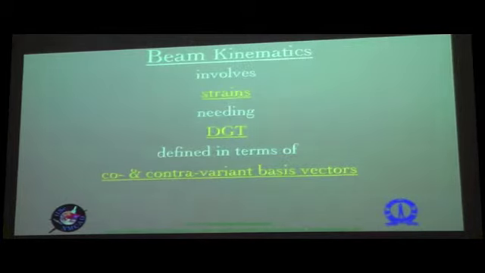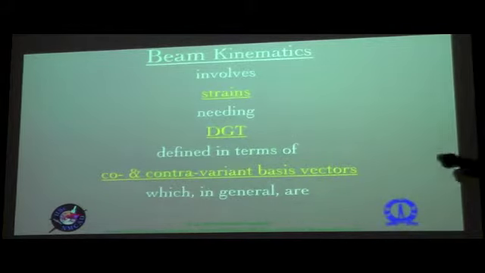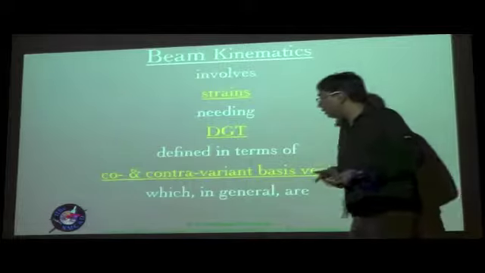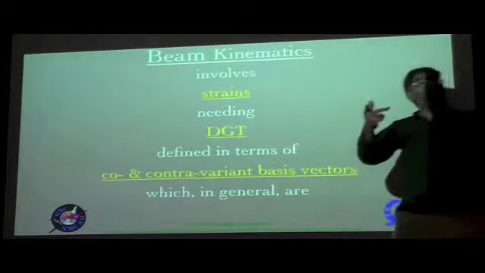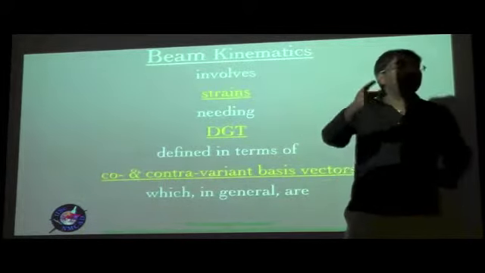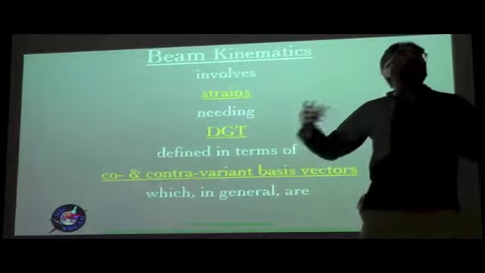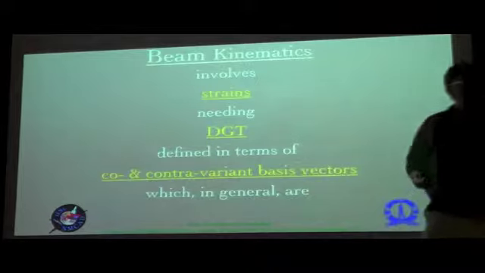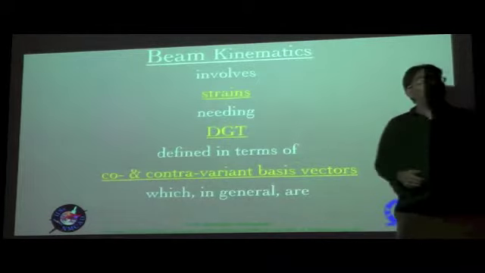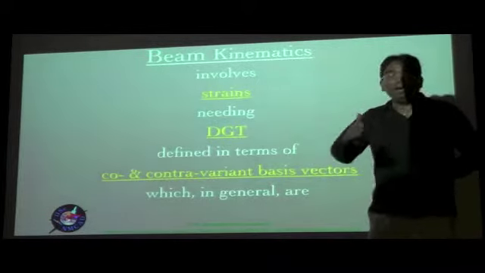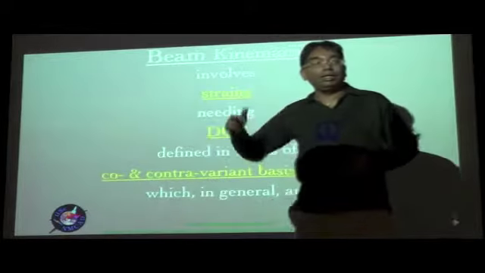And if we want to understand the covariant and contravariant basis vectors, in most situations, these are not the kind of systems or unit vectors that we have, like let's say the small b1, b2, b3 or big B1, B2, B3, etc., which we have been dealing with, which are orthonormal sets of unit vectors, or in other words, bi dot bj is equal to delta ij, the Kronecker delta.